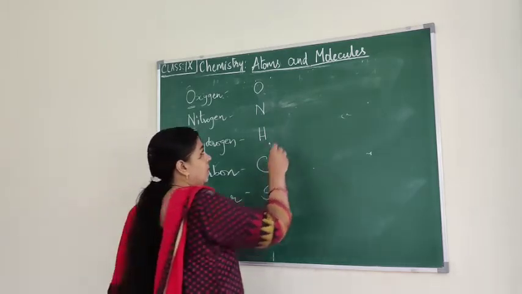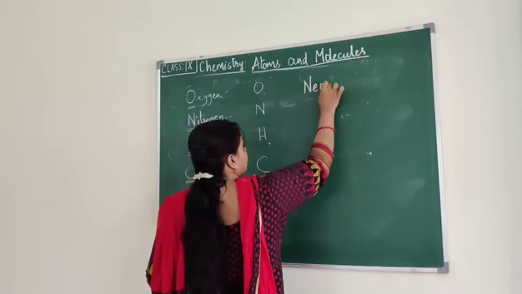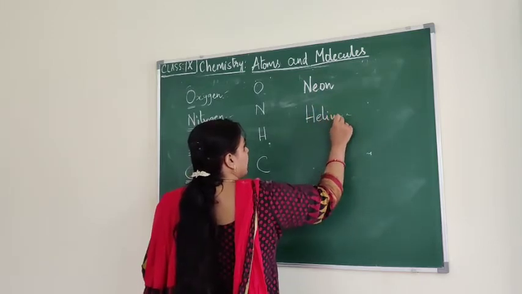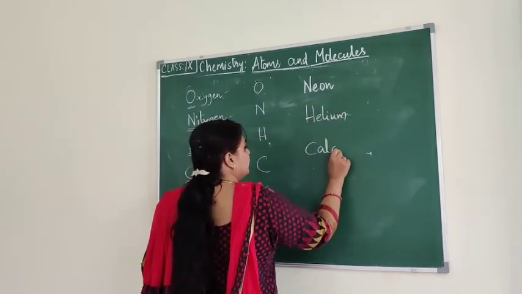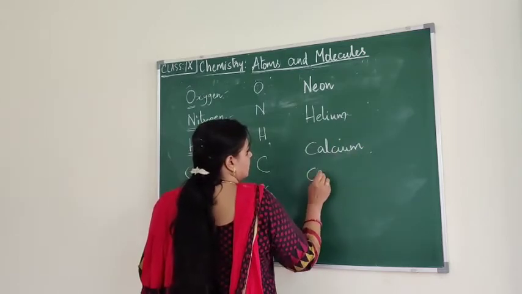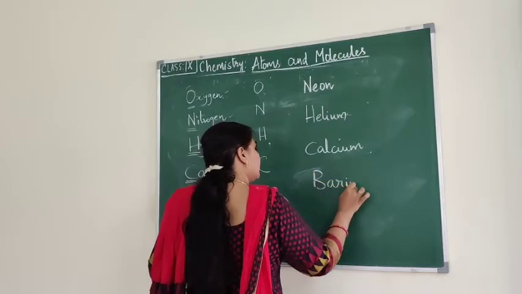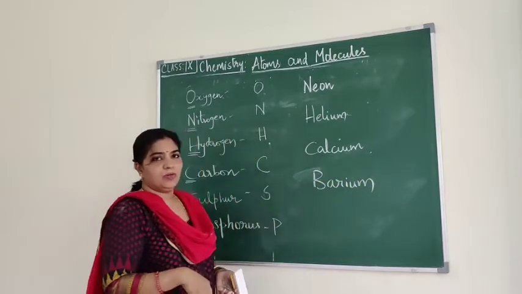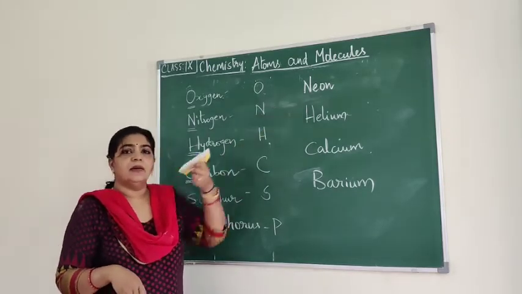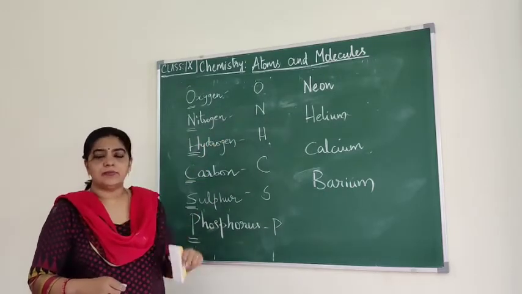Then, let us take neon, helium, calcium, and barium. When we talk about these elements, can we take the first letter? We cannot, because we already know N is for nitrogen.